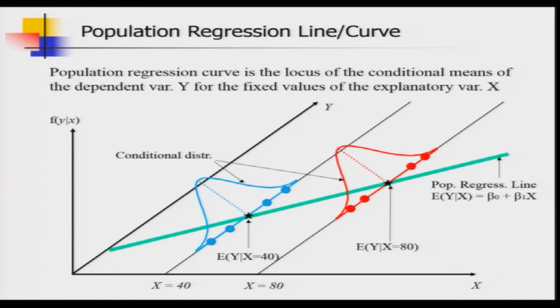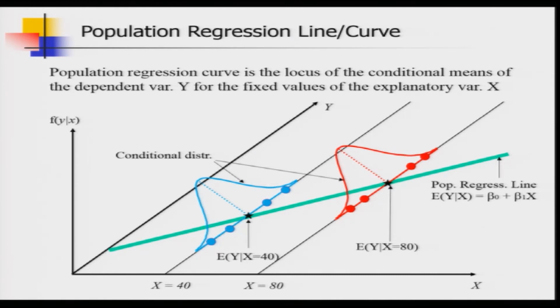So, that star or this black asterisk point represents the conditional mean, and this conditional mean is basically represented mathematically by this expression, expected value of y given x equal to 40.